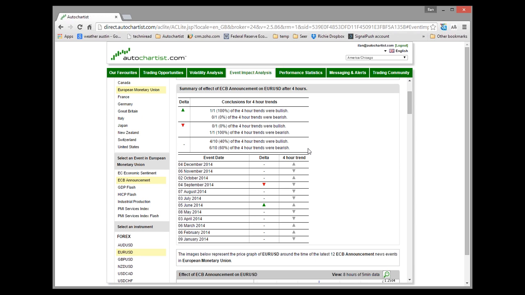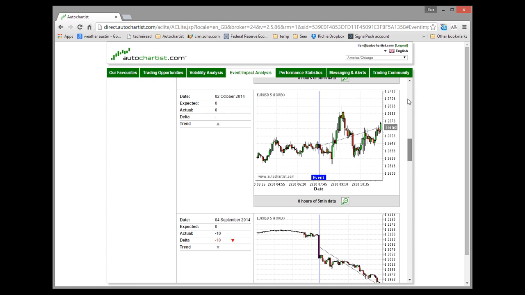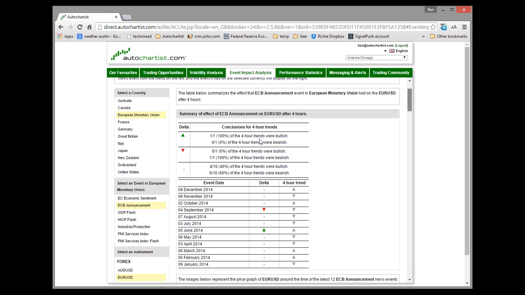This was the announcement, and this is what happened to Euro USD 4 hours later. And here this was the announcement, and that's what happened to Euro USD, etc. It looks like there's been almost no difference between the actual and the delta, and almost no effects. You can draw very little conclusion from these ECB announcements.